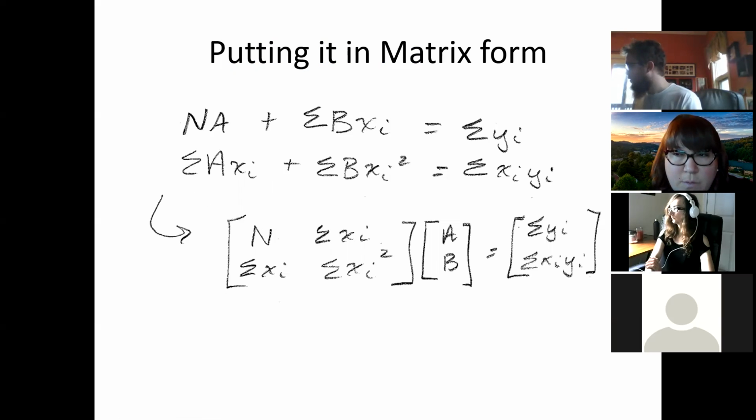Now, if you haven't taken linear algebra, don't worry, it's okay. Basically, what this does is allow us to rewrite these two equations in a different kind of framework. And using this framework, we can do computations that are quicker than maybe without it.